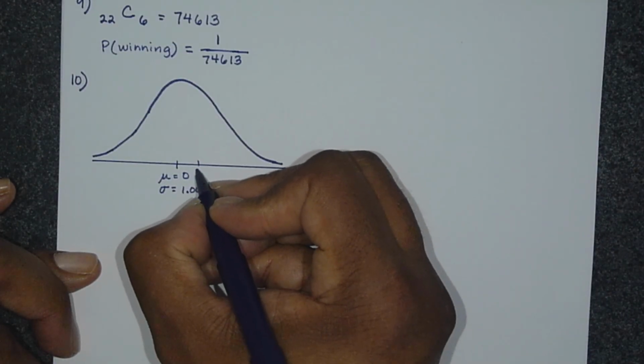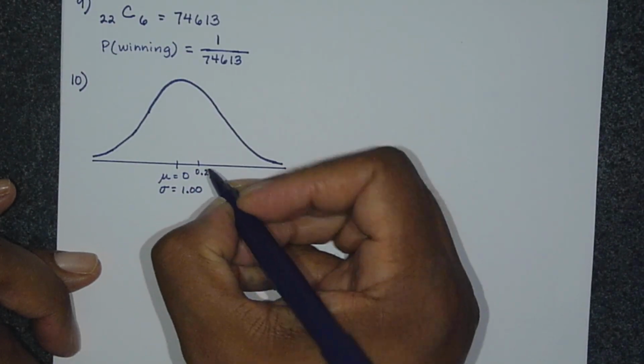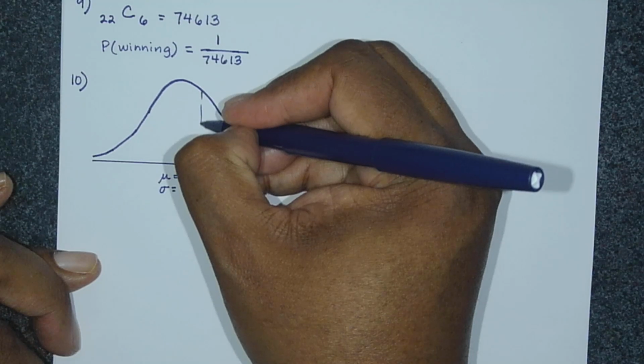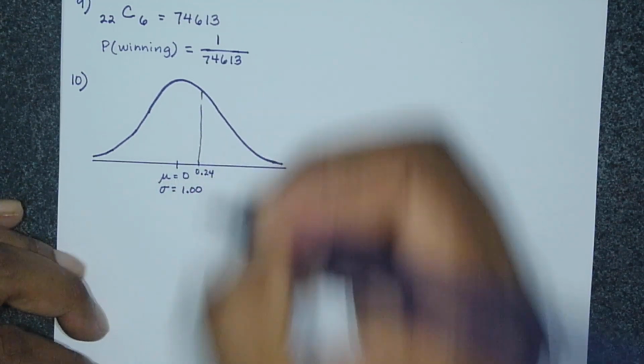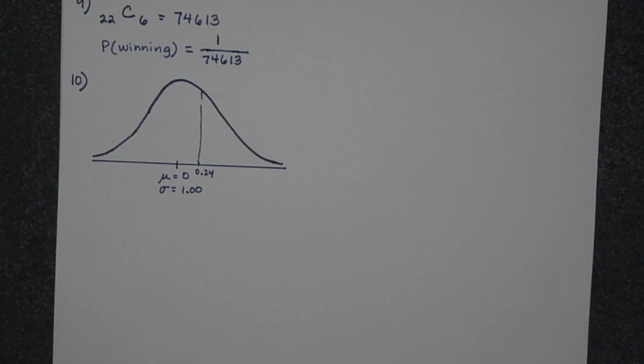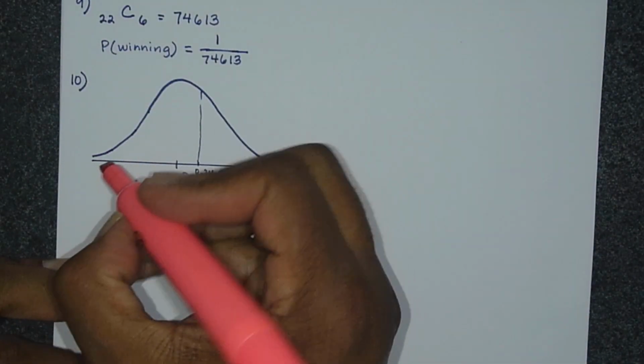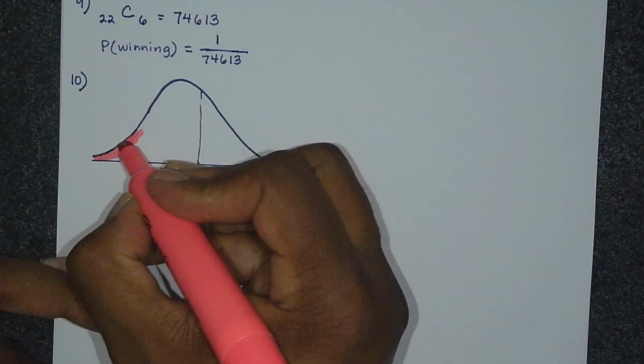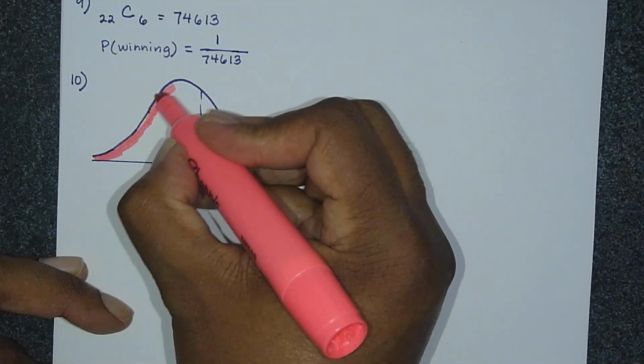So 0.24 will be somewhere over here. Less than means to the left. So it's going to be this shaded part that I'm looking for.